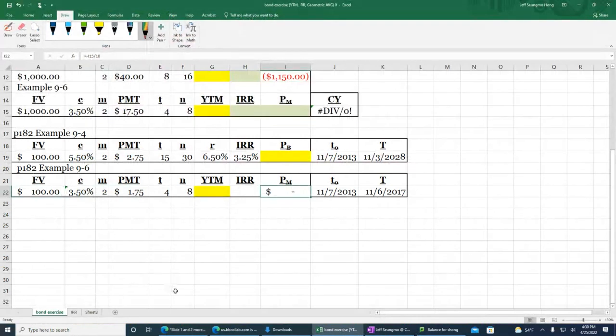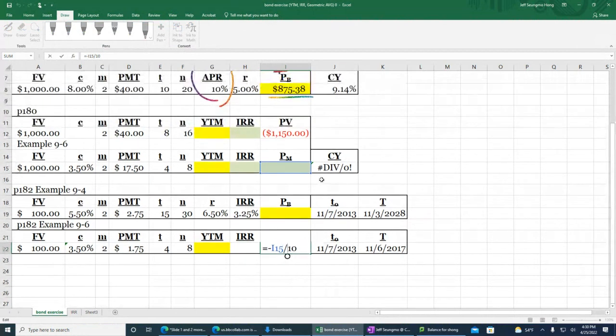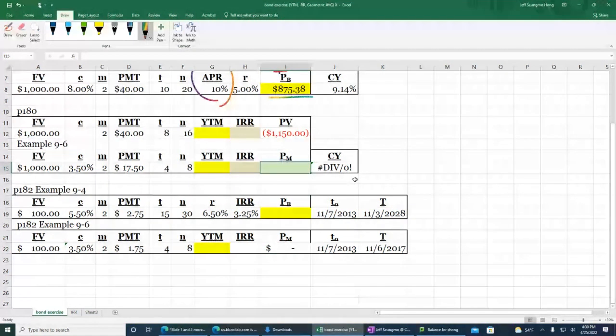So first of all, we'll have to enter the price. This has to be given.